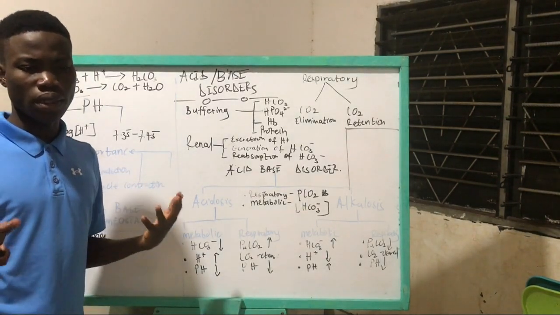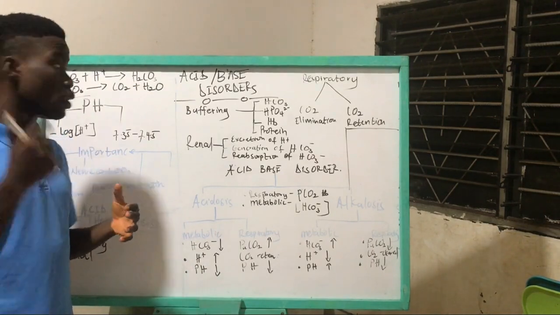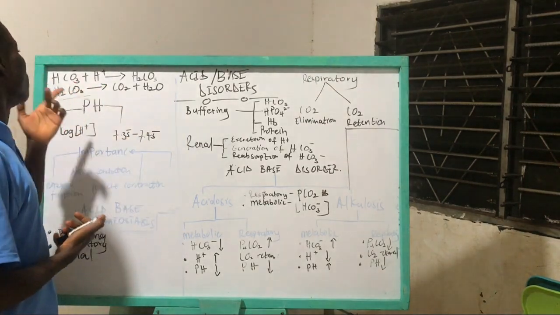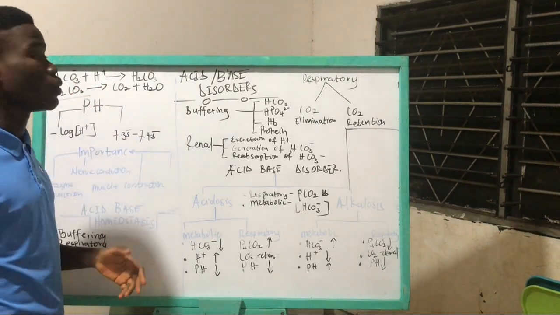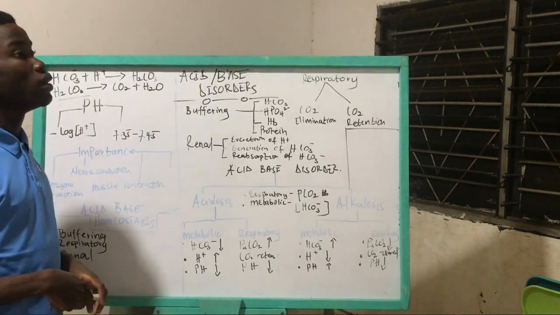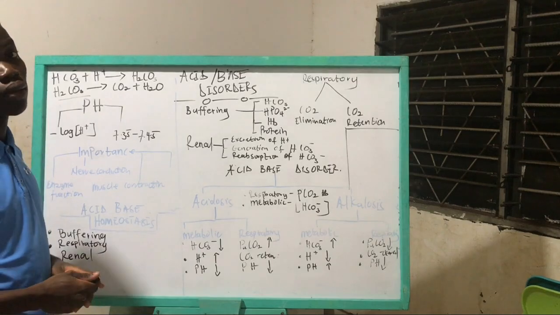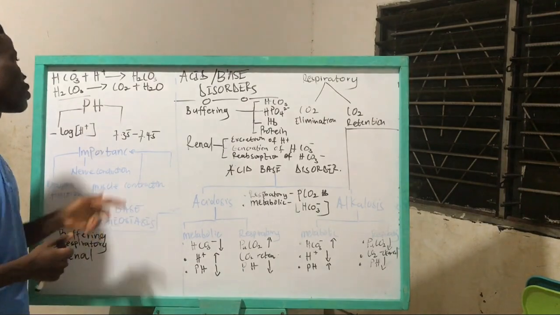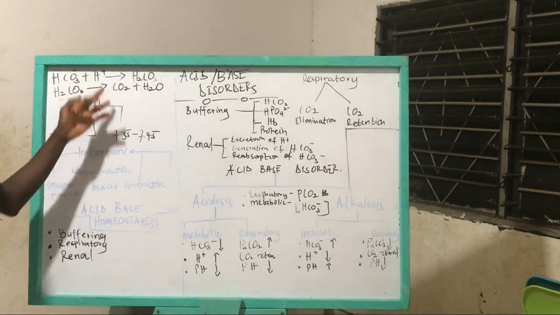So this is what actually happens when there is an influx of hydrogen ion in the extracellular fluid compartment, or when there is excess hydrogen ion in the extracellular compartment, or when there is low pH in the extracellular compartment.